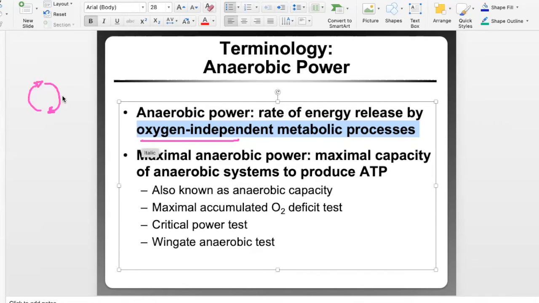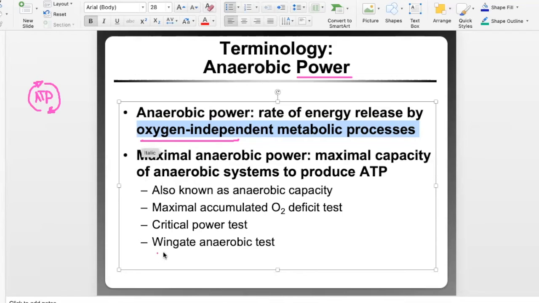And that's a rate. It takes time for this to happen. And as the word power implies, it's the speed at which the energy can be released by breaking down ATP in the absence of oxygen. All right, so it's pretty much talking about your fast glycolysis system.